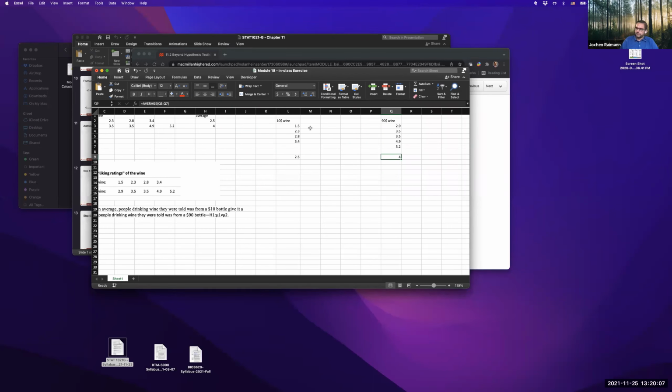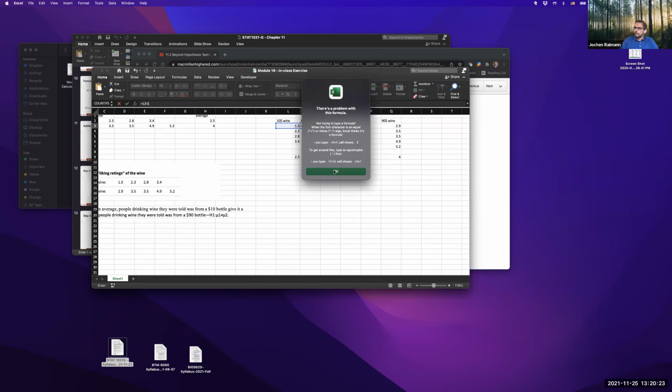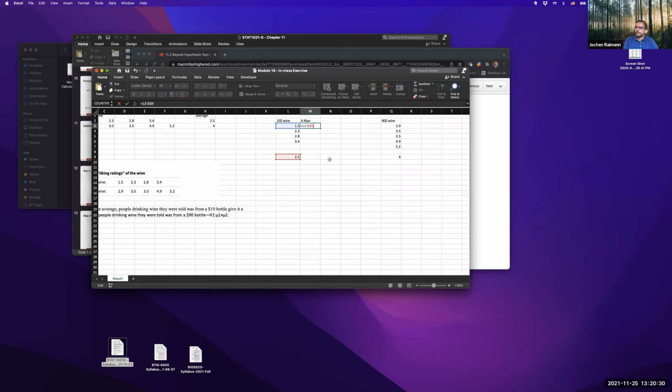So the first thing we need to do, as always, is the deviation, x minus x bar. That is essentially this minus, with a dollar sign, this. So we're going to do dollar L $9, which gets us this.